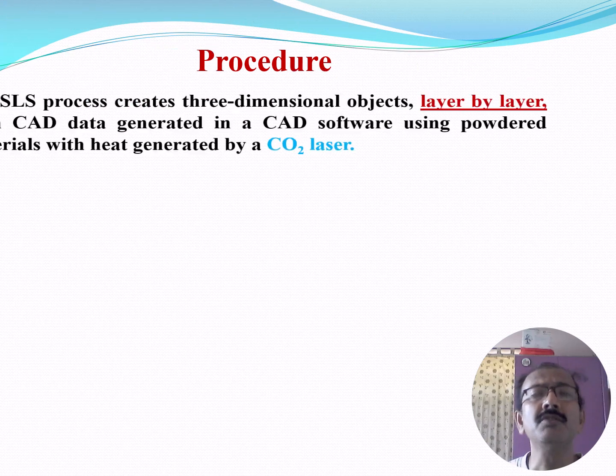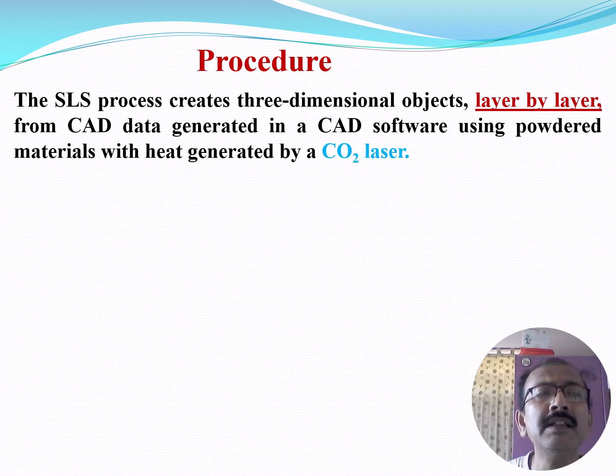Now, what is the procedure? The SLS process creates three-dimensional objects layer by layer from CAD data generated in CAD software, using powdered materials with the heat generated by a carbon dioxide laser.